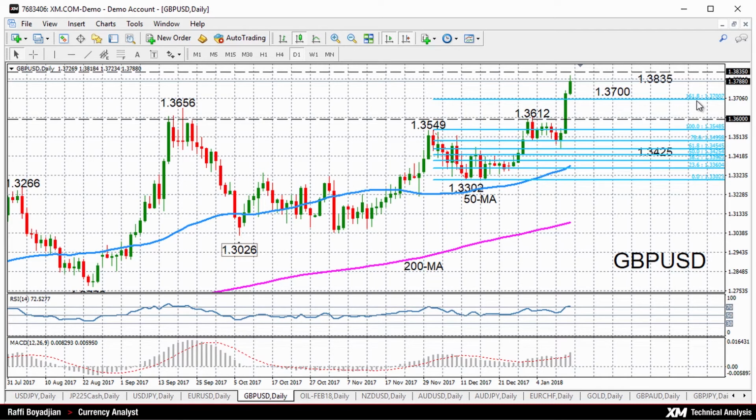To the downside, we have the 1.37 handle, and then the previous resistance around 1.36 could potentially then act as support levels.